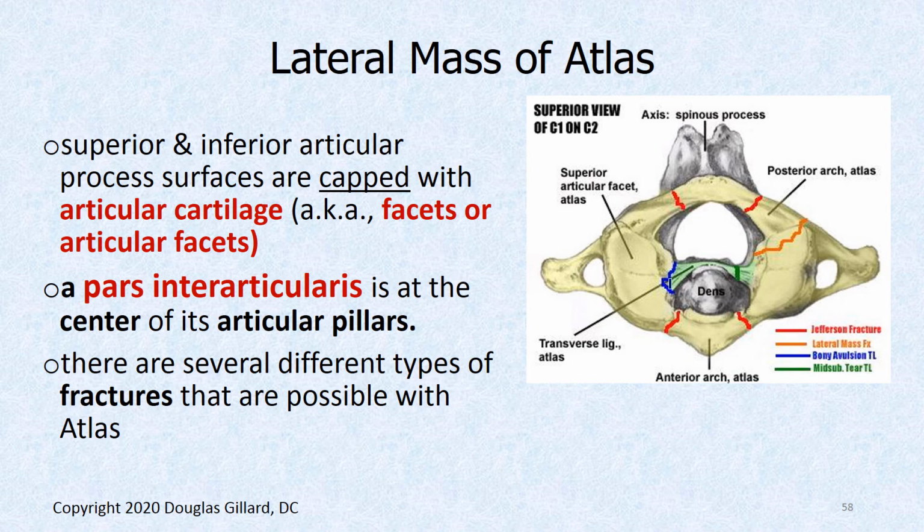You can see that transverse ligament of Atlas really nice there. These are the different fractures. You'll learn this as you go through the program. We don't have to worry about these right now, but Jefferson fractures, that's the one where you dive in the pool and you hit your head and it shatters your bone into pieces. Those are called Jefferson fractures. There is a pars interarticularis at the center of the articular pillar. See, I'm using articular pillars here.